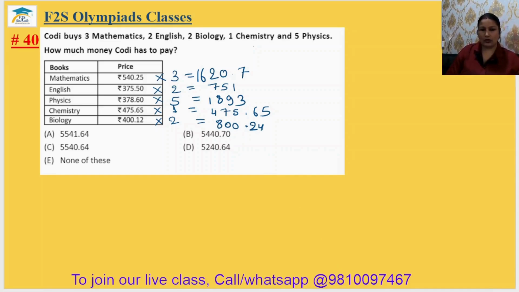Once you add all of this, 1620.7 plus 751 plus 1893 plus 475.65 plus 800.24, you will get 5540.59.